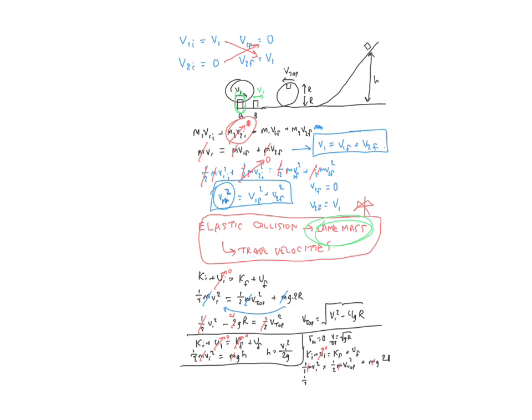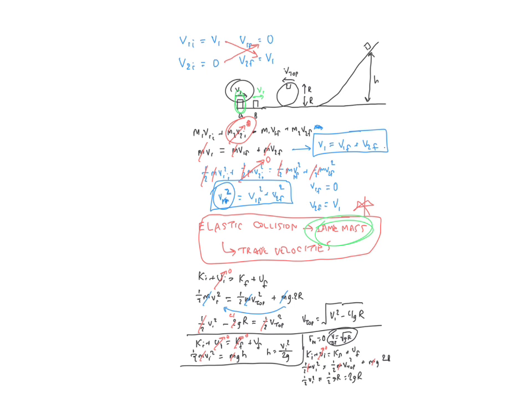And we end up with 1/2 v1 squared is equal to 1/2 v top squared plus 2gr. Remember, v top is equal to the square root of gr. So let's replace the v top squared with gr. And we want to solve this for v1 squared.